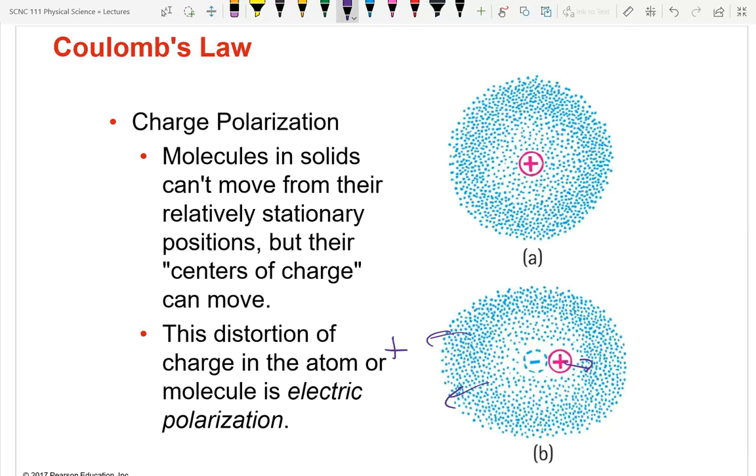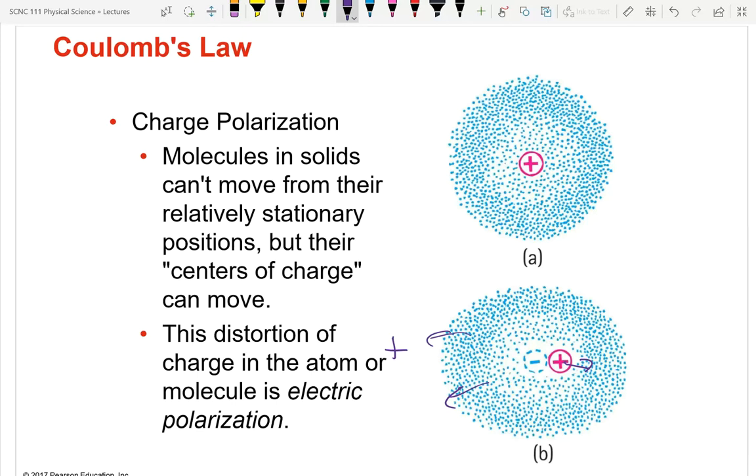The positive will be farther away, but if it's farther away, that means it's going to have a weaker force. And so it's going to attract. It's for this reason that water is attracted to both positive and negative. Water is neutral, it has no charge. And we said no charge means that it should just not interact with the electric force.